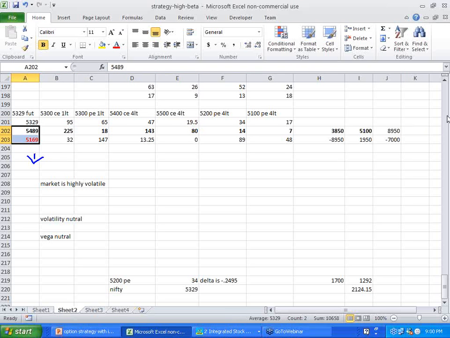By way of the investment, that is brokerage, means something you have to pay.